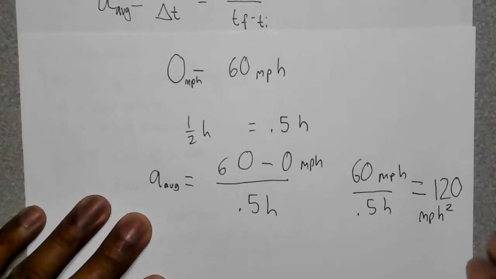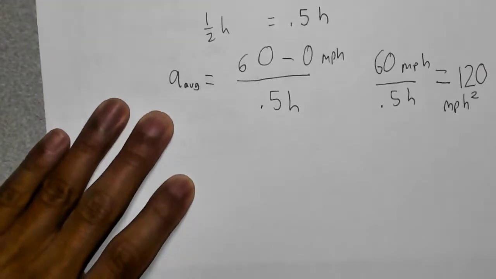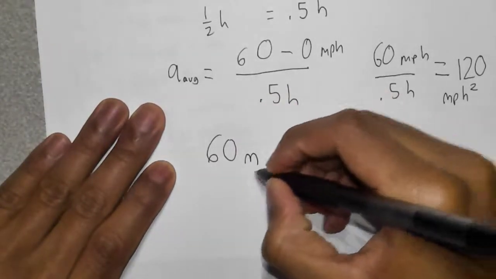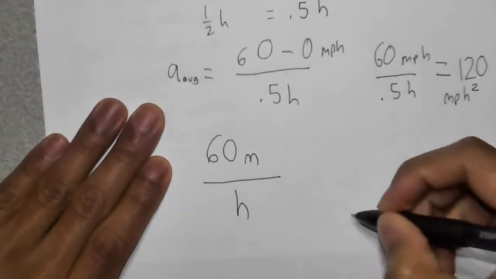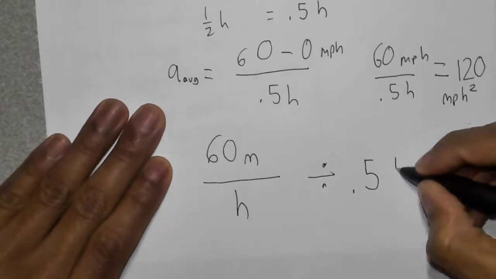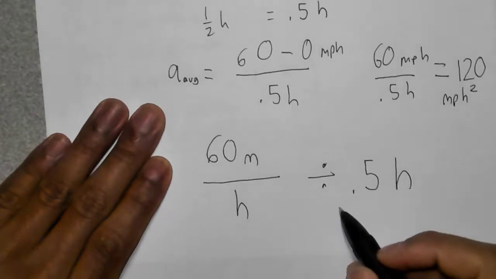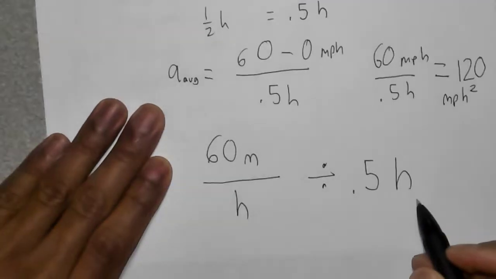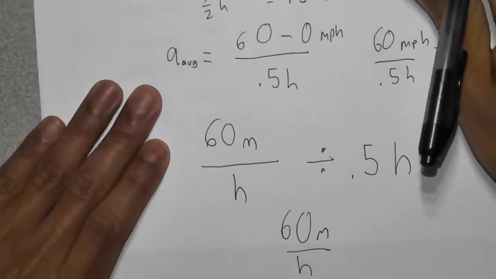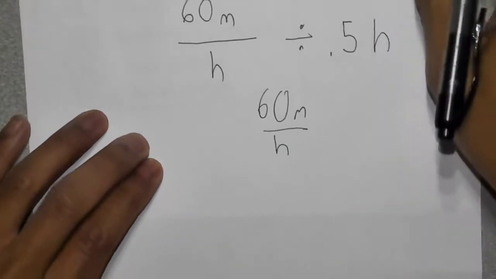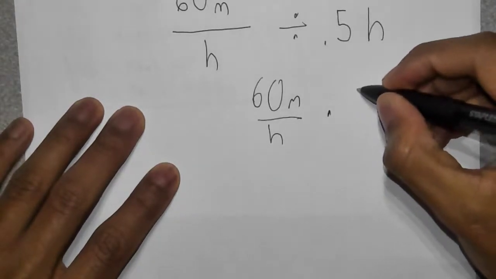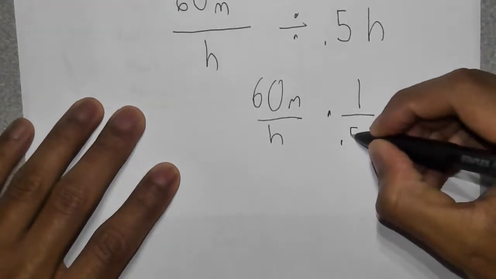For those of you who are wondering why it's miles per hour squared, I'll demonstrate that. So we had 60 miles, I'm going to write it like a fraction, per hour, divided by 0.5 hours. Dividing by 0.5 hours, you can rewrite that. It's the same thing as writing 60 miles over hours times 1 over 0.5 hours.